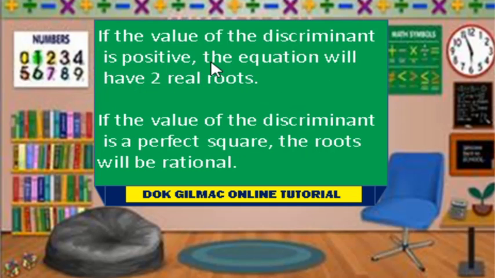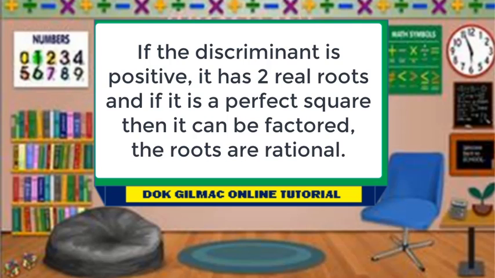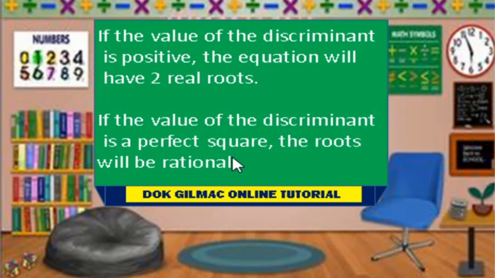If the value of the discriminant is positive, the equation will have two real roots. Take note, if the value of the discriminant is a perfect square, the roots will be rational. So as you can see in the previous example.